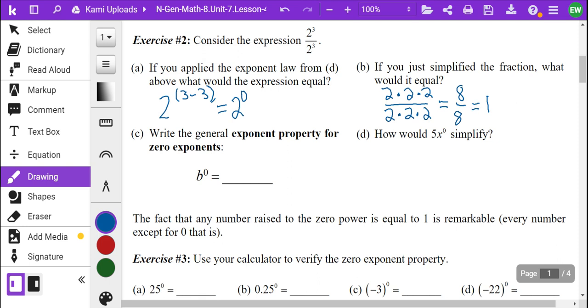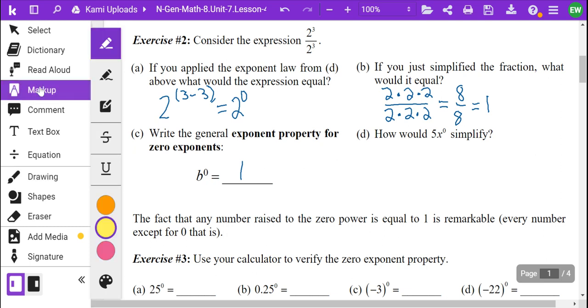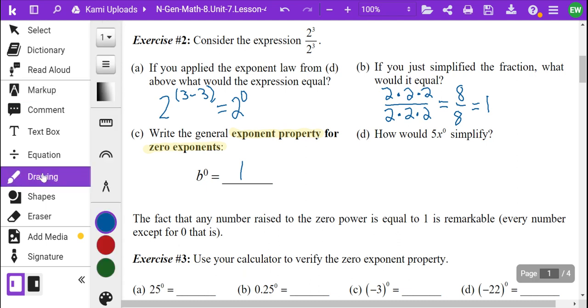Okay, so anything to the 0 power, when we multiply that out, is always going to equal 1. And that is our exponent property for 0 exponents. So let's look at this next one. How would I simplify 5 to the x to the 0 power? I want you to remember that 5 is not raised to any power, but x is raised to the 0 power.